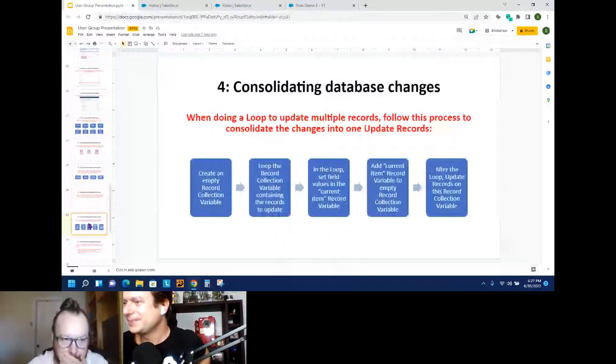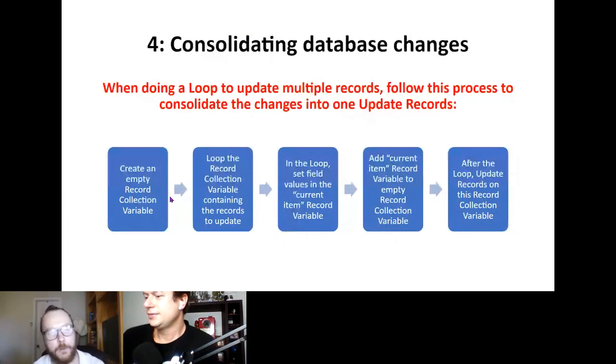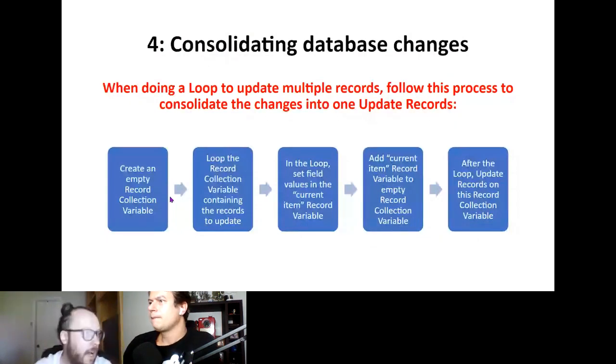All right. So what I walked through was an example where you're just changing one record. Now the other scenario that comes up pretty commonly is when you need to update multiple records. A loop is a good example, one that you're probably familiar with if you're getting started with Flow.